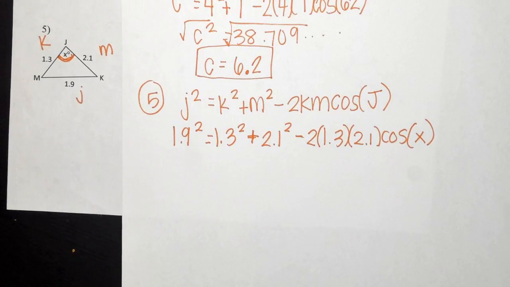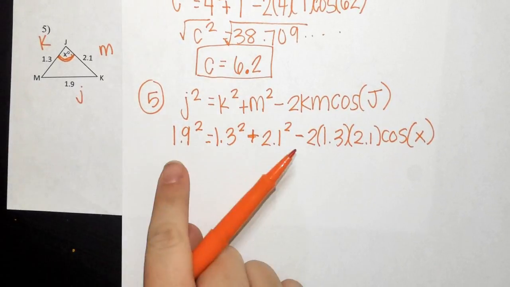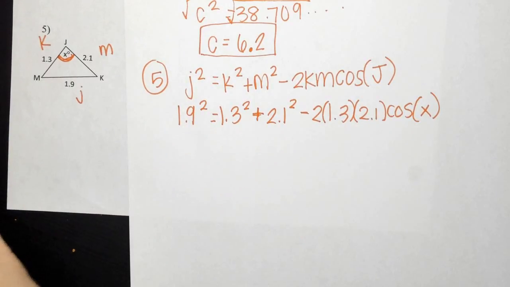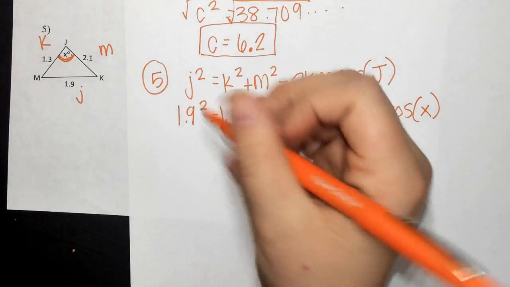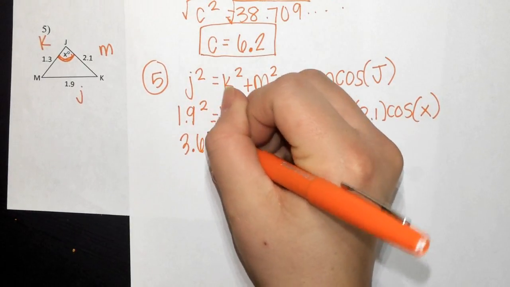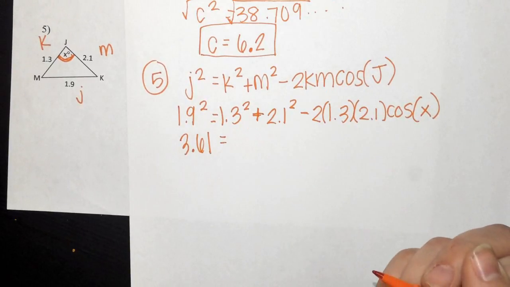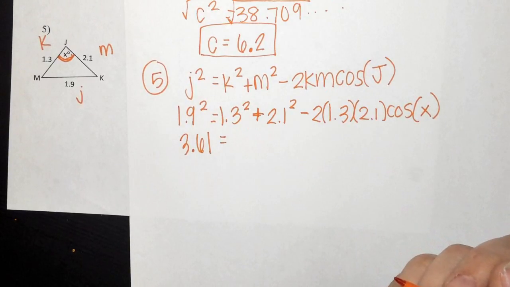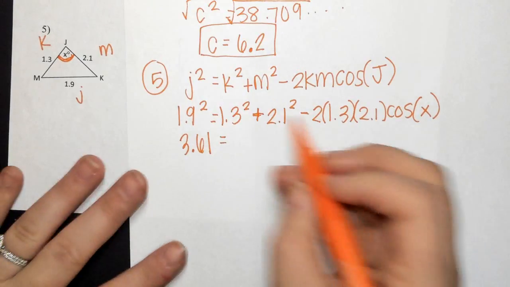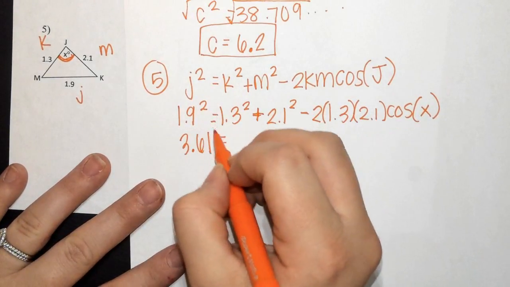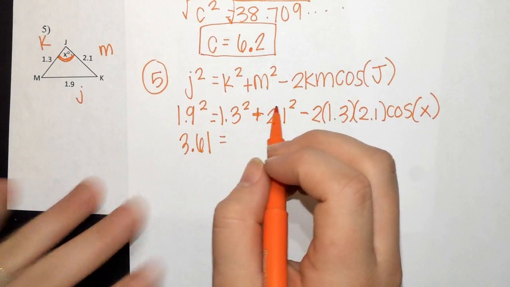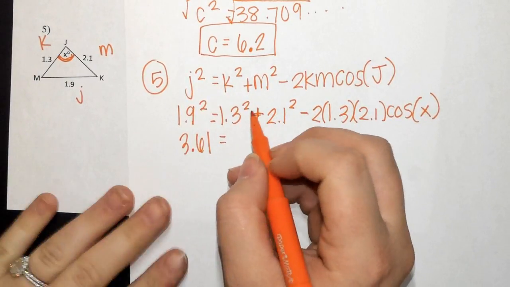So what I can do is go ahead and square this. So 1.9 squared. So you have to break it into sections now.